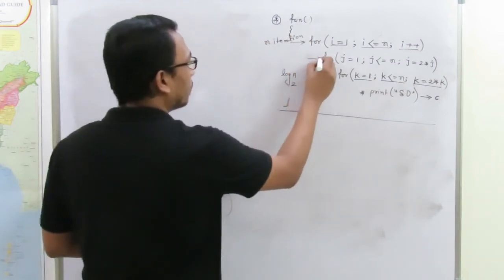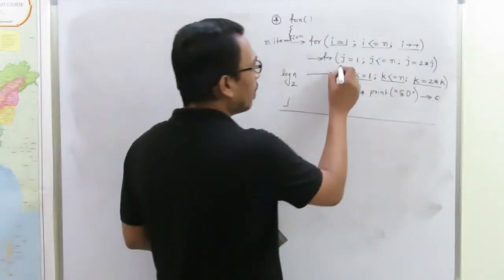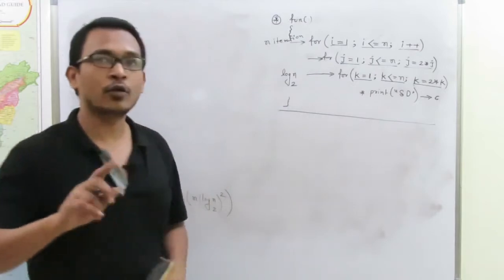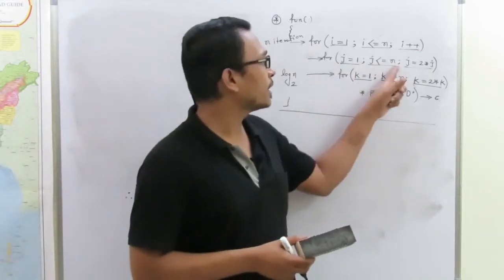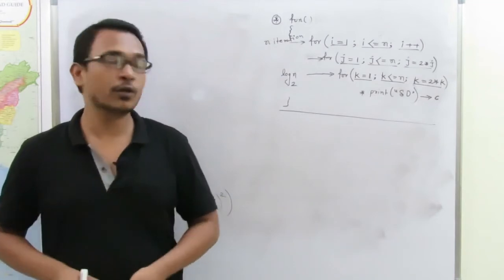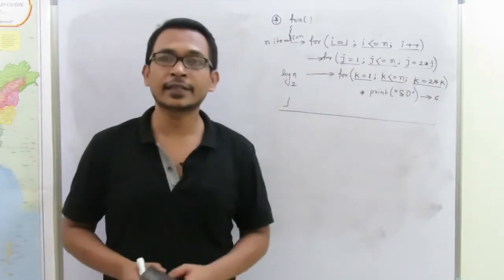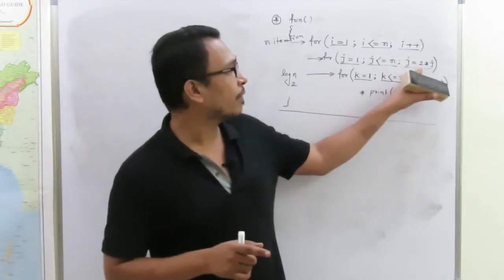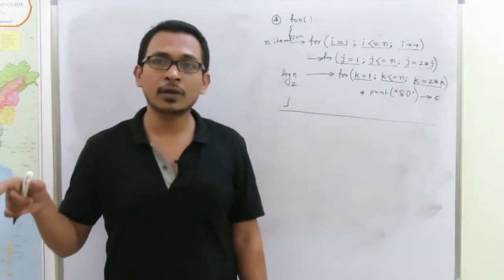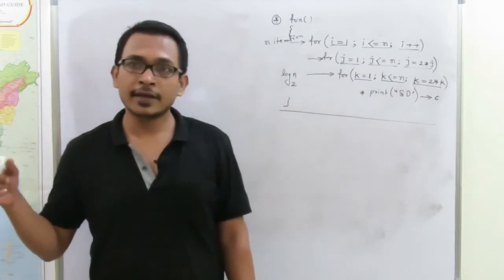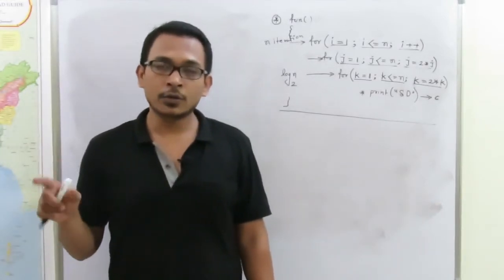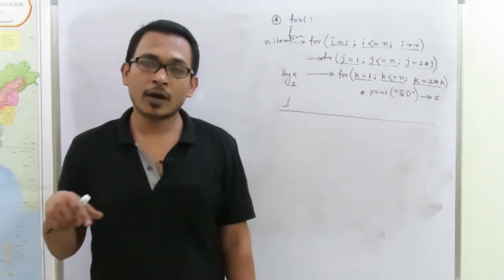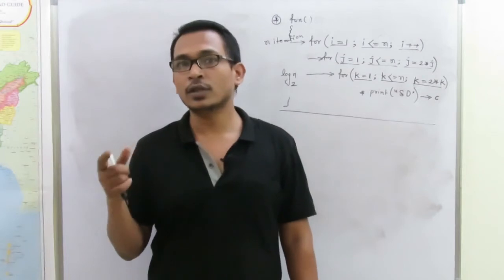Now come to the inner loop. In the inner loop, the value of j starts from 1, continues till n, and each time we double the value of j. That means the value of j will be 1, then we double it to 2, then again double to 4, then 8, 16, 32, 64, 128, and so on up to 1024.